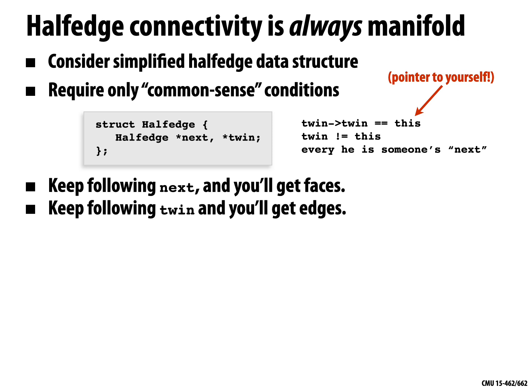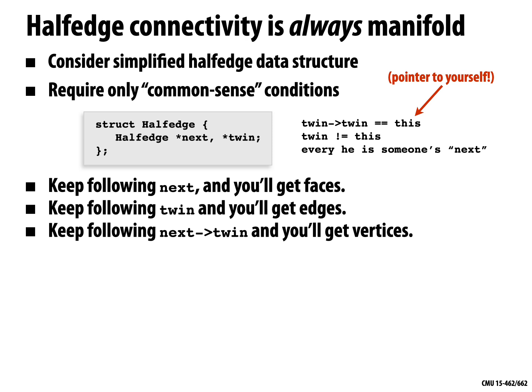Well, actually, not that many times. I keep going until I get back to where I started, and those pairs of half edges will define the edges of my mesh. And finally, just as we did a moment ago, I can follow next twin, and those loops of polygons that I get by doing next twin trace out the vertices of my mesh. Okay?